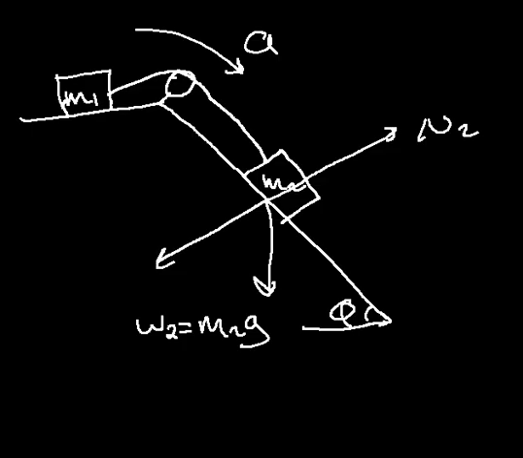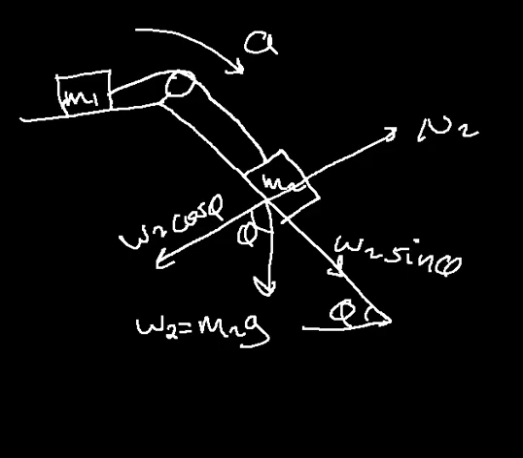Now this angle theta is the same as this angle theta, which means this is W2 cos theta, and now we'll have W2 sin theta. This component of the weight is the one responsible for pulling the whole system downwards.